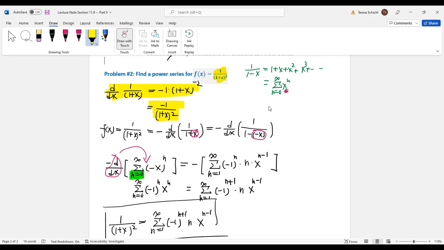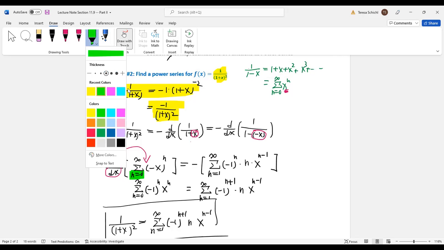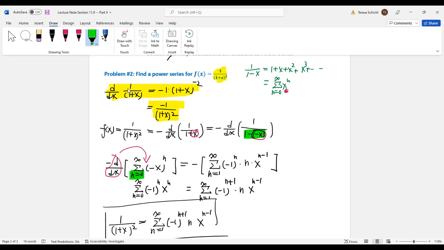And then you need to recognize this is just a special case of the geometric series we did before. This is the golden geometric series. We find these functions, then we manipulate that, and that's how we find the power series.